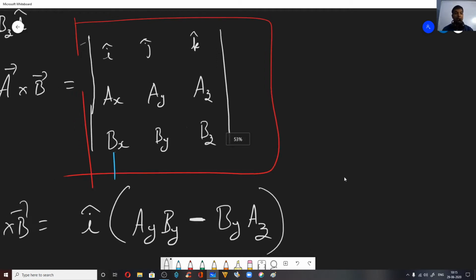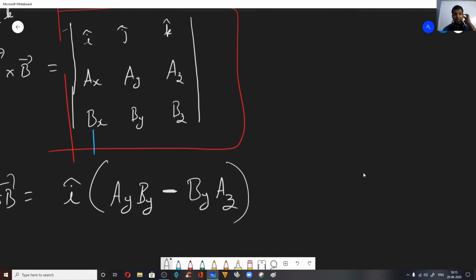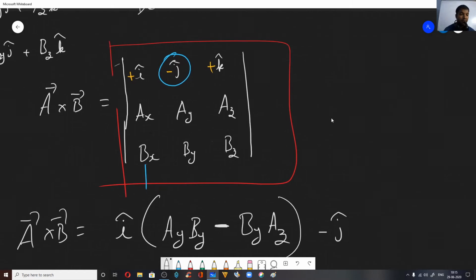We have considered i cap, and I told you to assign some signs here: i cap will have positive, j cap will have negative, k cap will have positive. For the time being you remember this. Next we'll write minus j cap, then again do the same thing, the same way we did for i cap.